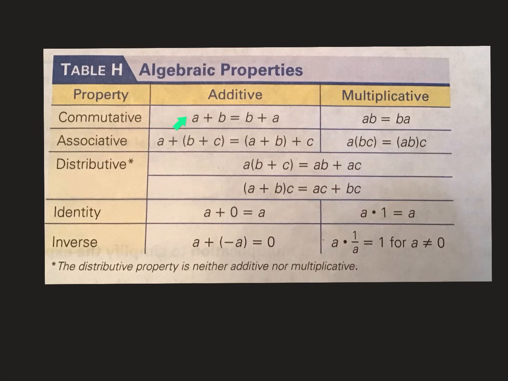So remember that if you add A plus B, that is also going to equal B plus A. And in the case of multiplication, you can multiply A times B, which is also equal to B times A. Associative property, this is where you can move the grouping, as in A plus B plus C with B plus C in parentheses. Well, you move the grouping, here plus the C, and you get the same answer. Same thing with multiplication. The distributive property, you are distributing A times B plus A times C.